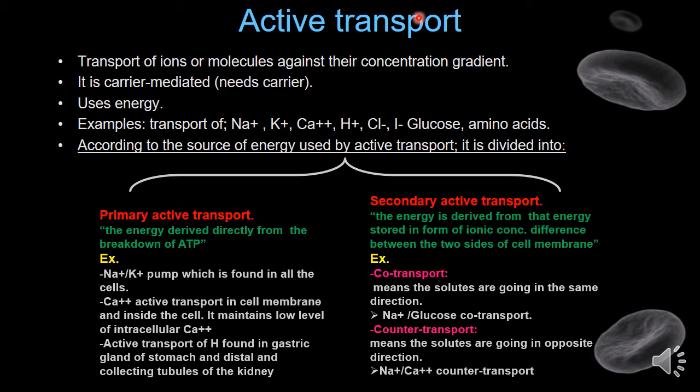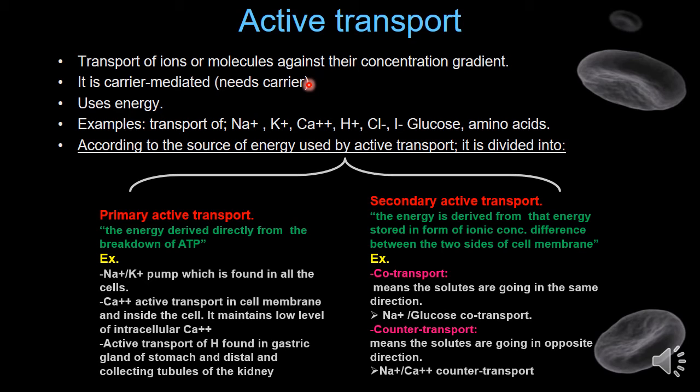Active transport. When we say active, it means that we need energy. And usually, in this type of transportation, the ions or molecules are transported against their concentration gradient. In other words, from low concentration to high concentration. The other characteristic feature is that it is carrier mediated.